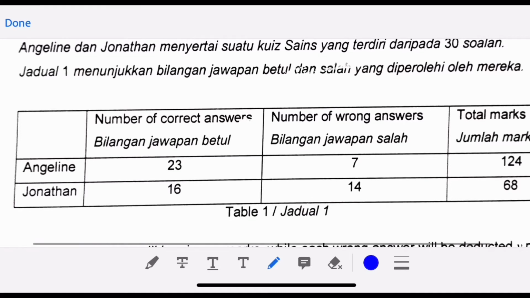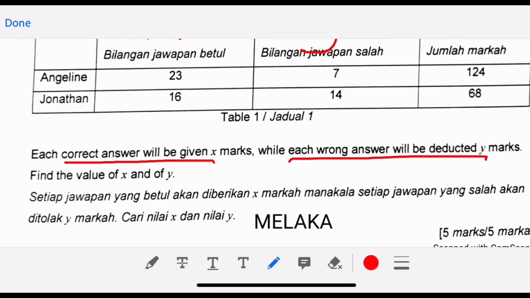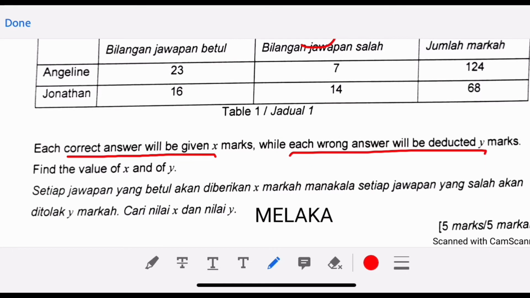So later you read the question, you will realize that each correct answer will be given X marks. So the X here is not representing number, is representing the marks, okay? And then the Y here represents the marks for the wrong question, that will be minus out.